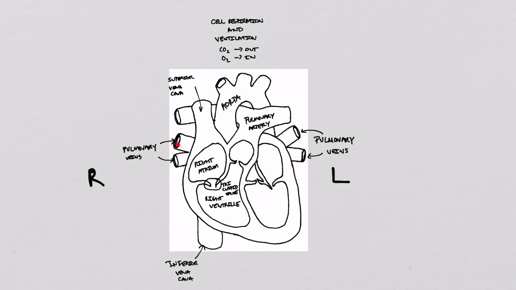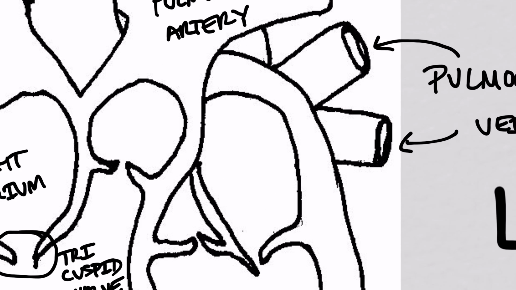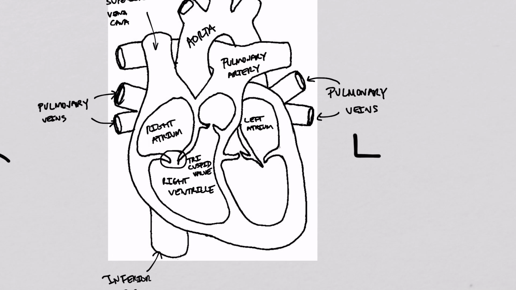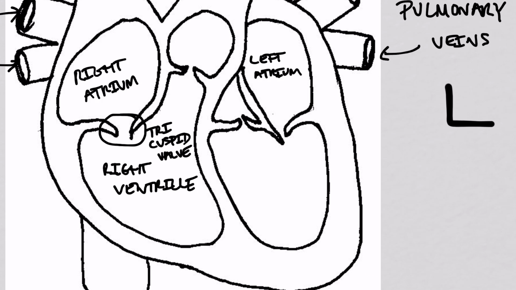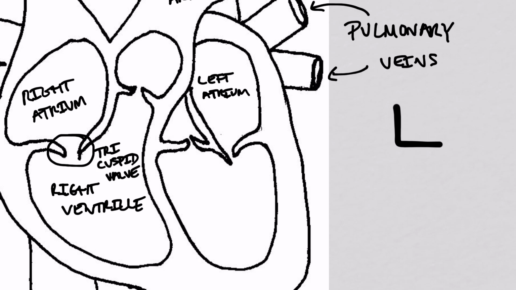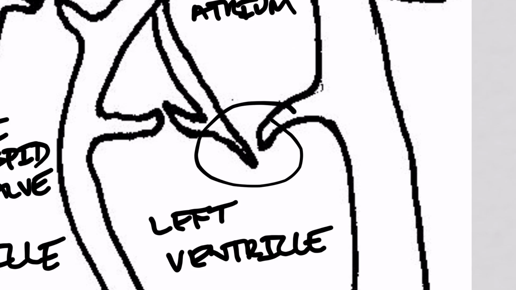Again, a little hard to see how these connect, but they connect back into this section, which is called the left atrium. And the left atrium is connected to the left ventricle by, again, a valve, but this one is called the bicuspid valve.